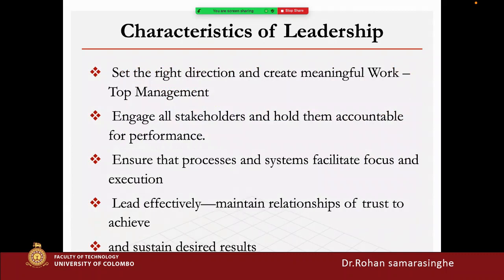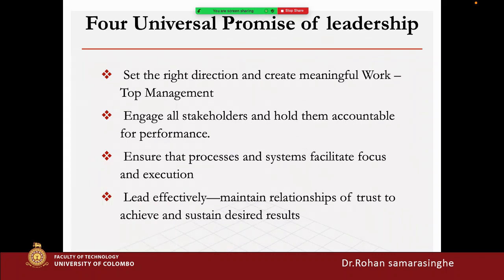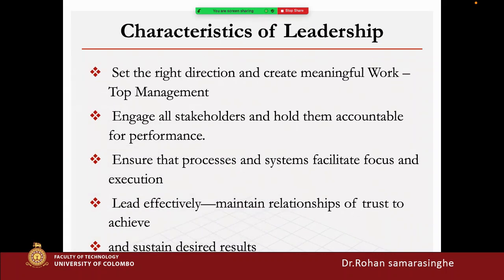Once again, we can discuss these characteristics. Set the right direction and create the meaningful work. That means the top management. Actually, when you consider the decisions that the top management takes, the number of decisions are very, very few.